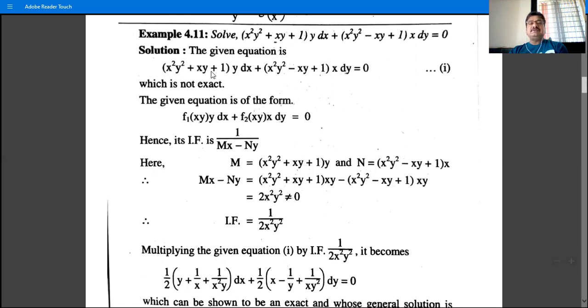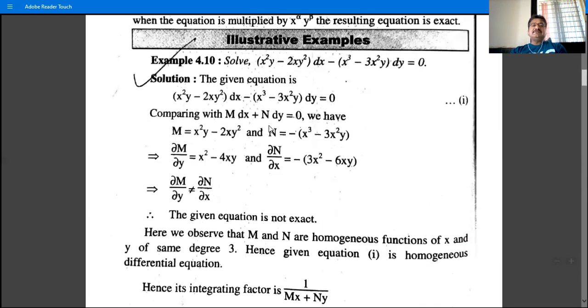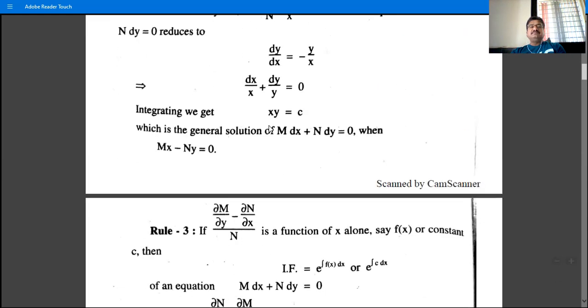So this is the function of xy, that is f1(xy) y dx, plus this is again a function of x into y, suppose f2(xy), it is not f2(x, y), it is f2(xy), some function of x into y, x dy equal to 0. So this is the example on the rule number 2.